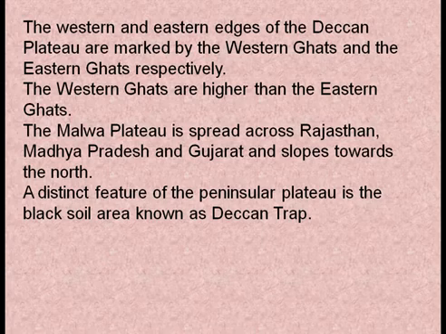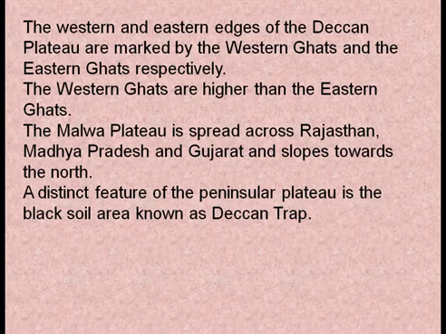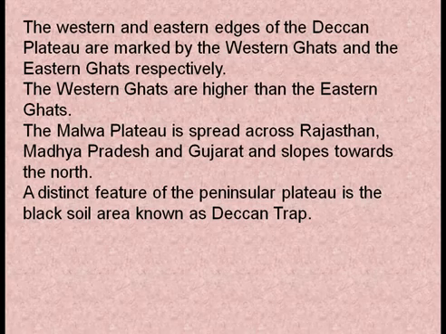Next, the Western Ghats and the Eastern Ghats. Differentiation can be asked: differentiate between the Western Ghats and Eastern Ghats. I have already explained the difference very nicely in my explanatory classes. Please go through them, and after that you have to write about the location of the Western Ghats and Eastern Ghats.